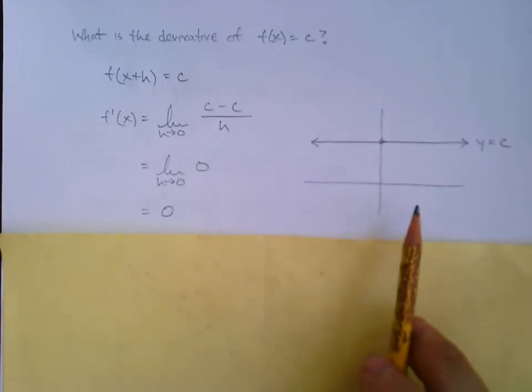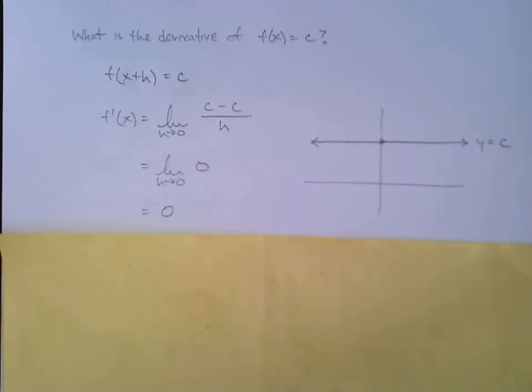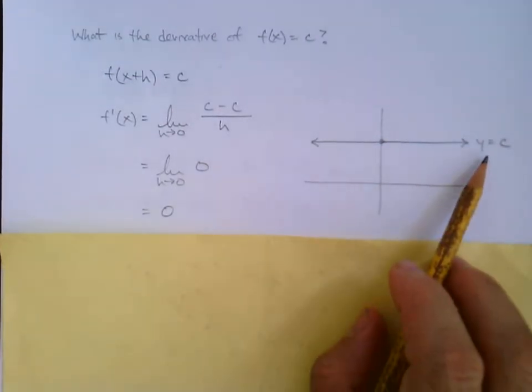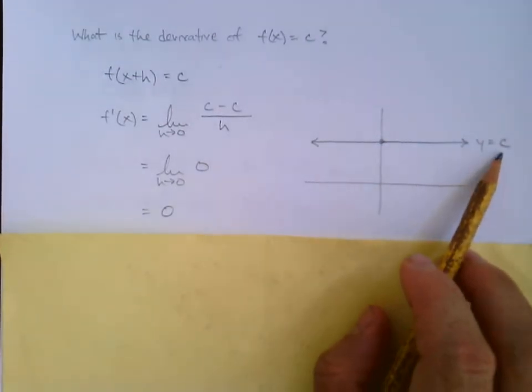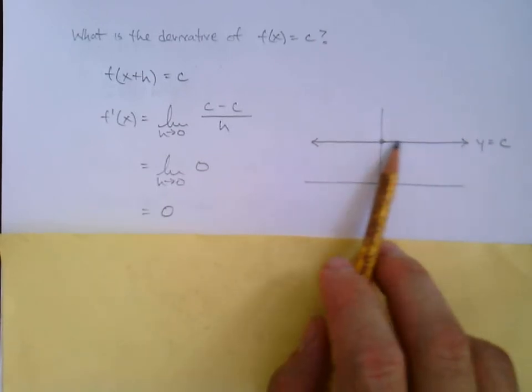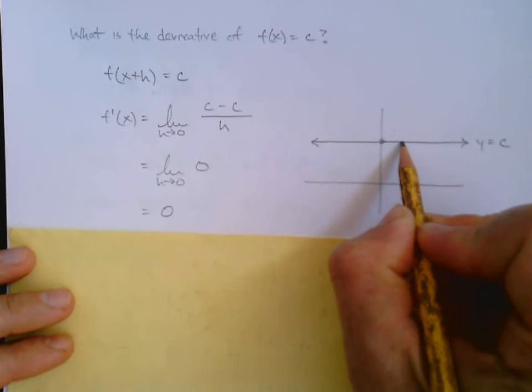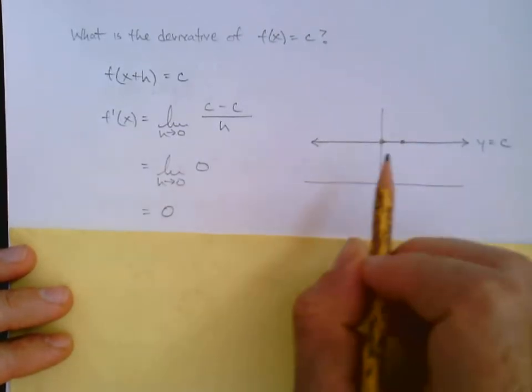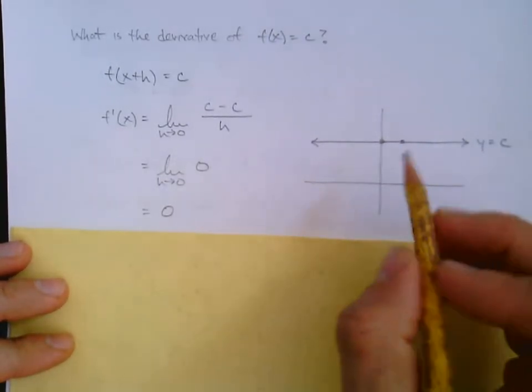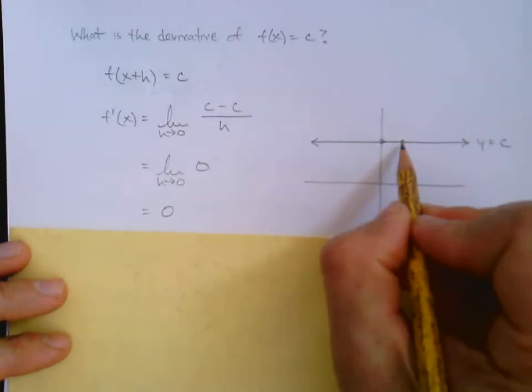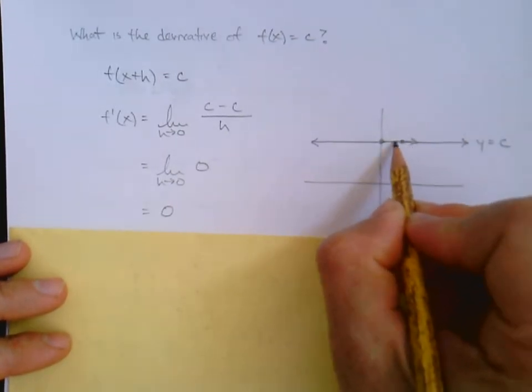And I've got a graph depicting that and explaining that, if you want to see it visually. So, right, if our function is y equals c, that's a horizontal line, right? Well, no matter where you pick x, what is the tangent line doing? If all you have is a line, then the tangent line is actually that very same line.